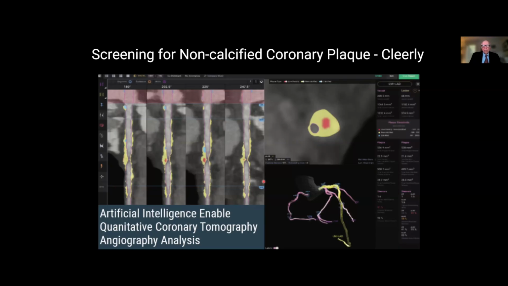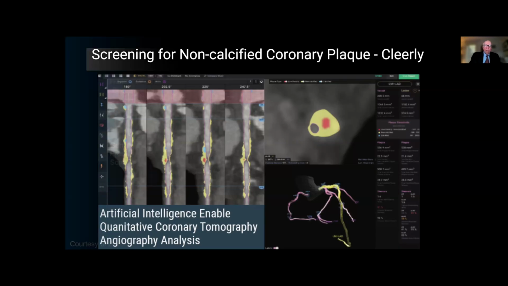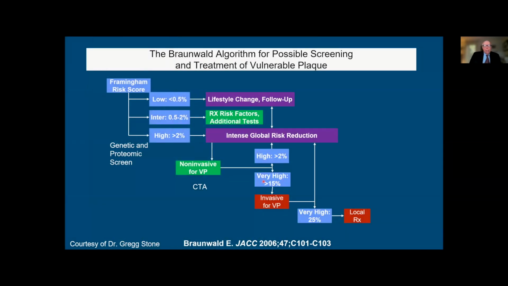So this to me is very, very exciting because it gives life to Dr. Braunwald's algorithm. Peter and I both worked with Dr. Braunwald for decades, so it's amazing to see how much foresight he had here in '06. He said, screen people, and we can add more genetic and proteomic screening.